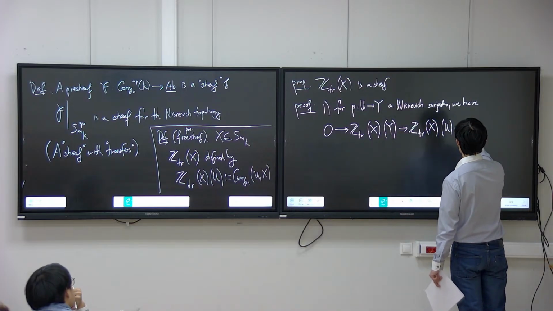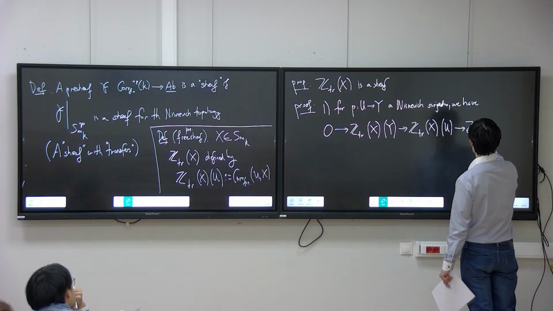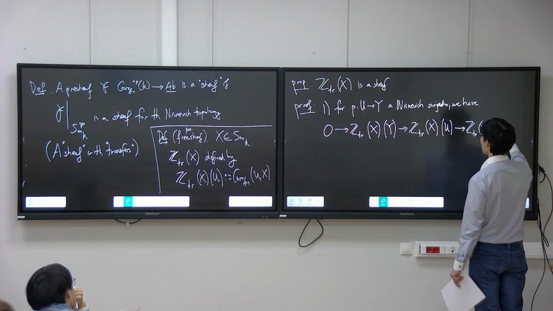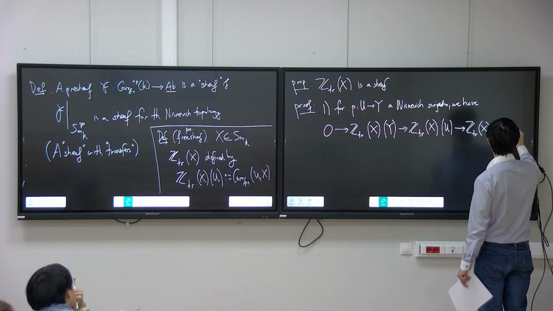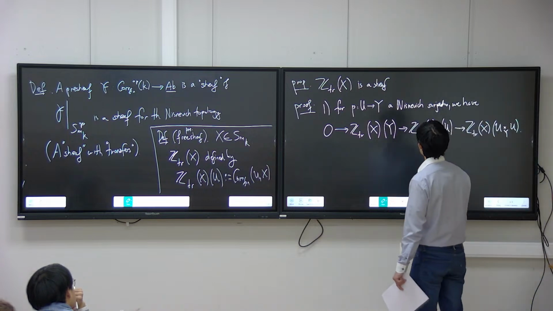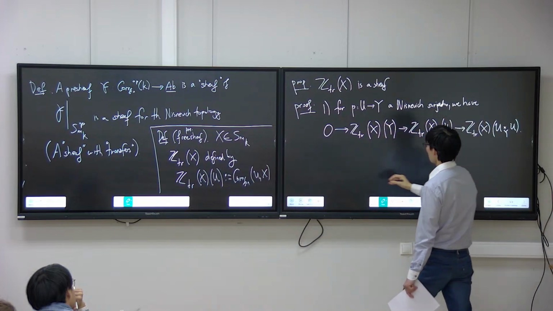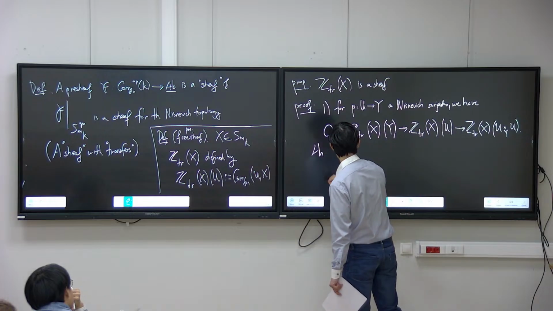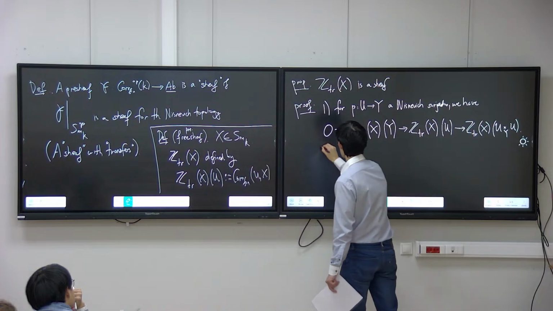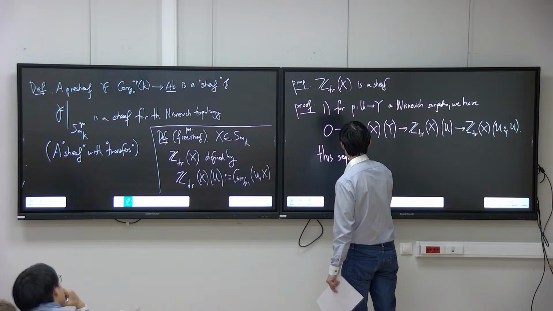Okay, and so you want to check that the sheaf condition is satisfied, basically. So we want to check that for a Nisnevich surjection, this sequence is exact.